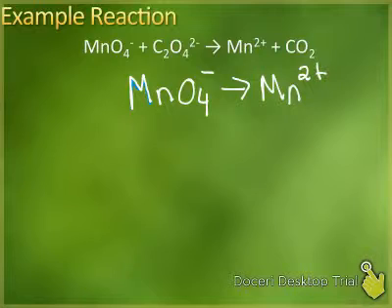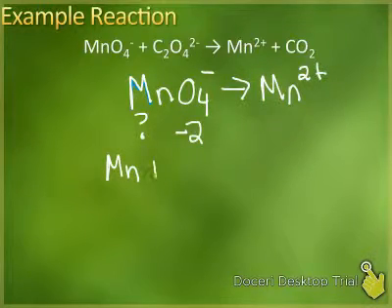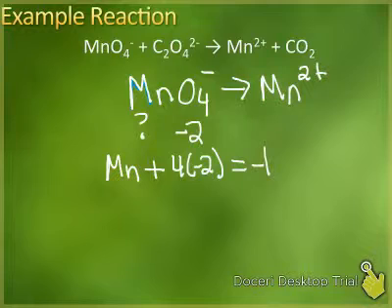We know the oxidation number of oxygen, okay? I'm just going to tell you that this is not a peroxide, so we're going to treat oxygen as -2. In order to figure out manganese, we have to do a little bit of math. Manganese plus 4 oxygens has to equal -1, because this is a polyatomic ion with a charge of -1.